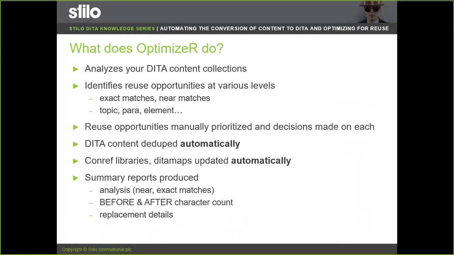So the DITA content can be deduped automatically. The conref libraries and DITA maps can be updated automatically. Takes a lot of the pain away from this sort of exercise, really. And then we'll produce summary reports. So we'll show you analysis of the near and exact matches, so you can see what opportunities for reuse exist in your content.